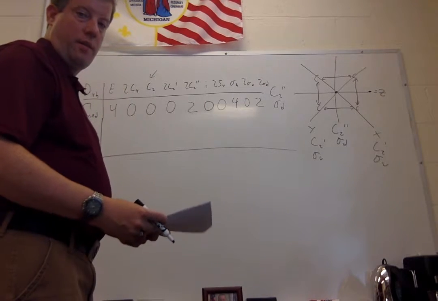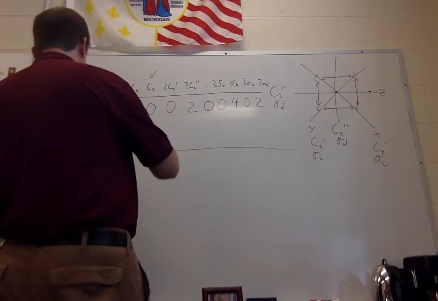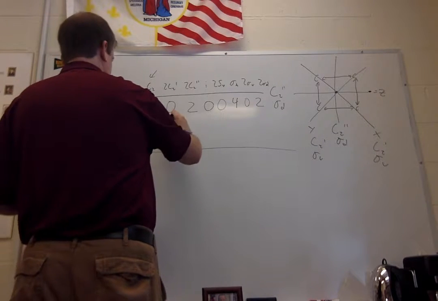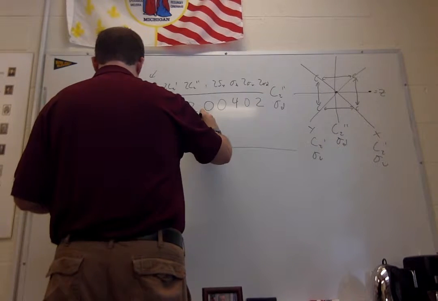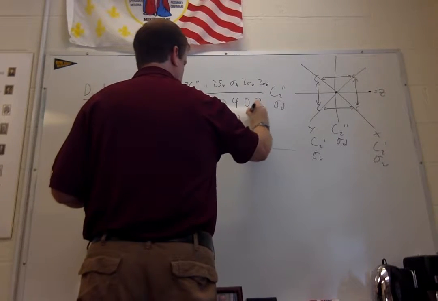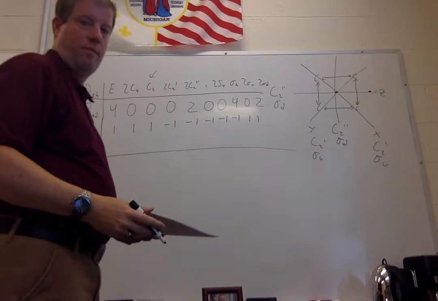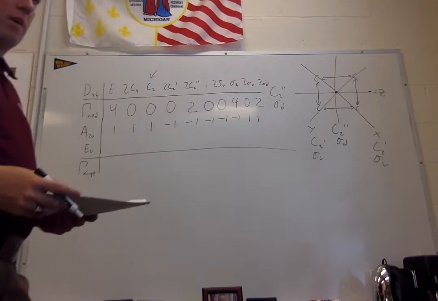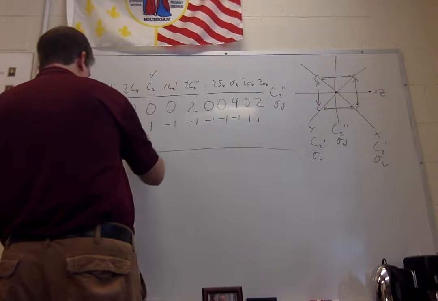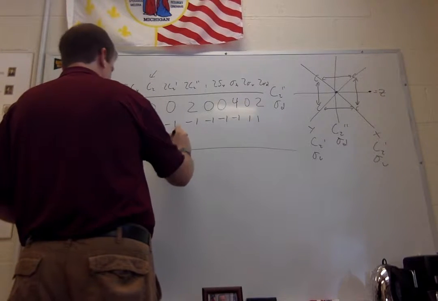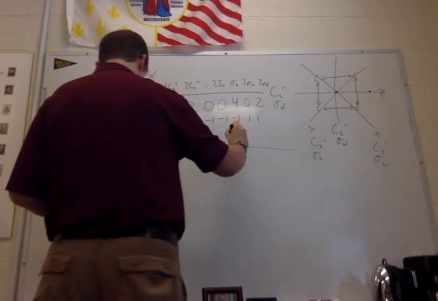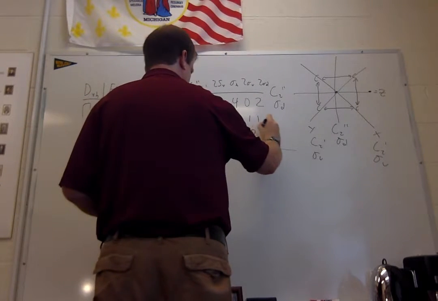The characters for these, and I'm reading this right off the character table, are 1, 1, 1, minus 1, minus 1, minus 1, minus 1, minus 1, 1, 1. So that's abstracted directly from the character table. For the doubly degenerate situation, we have 2, 0, minus 2, 0, 0, minus 2, 0, 2, 0, 0.